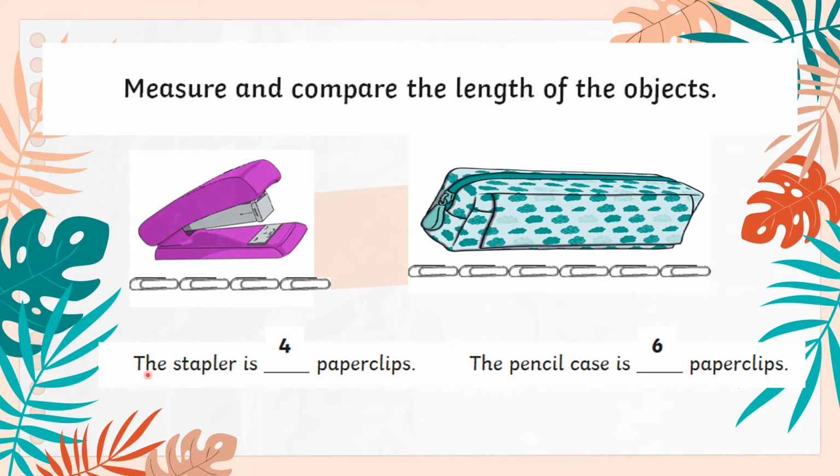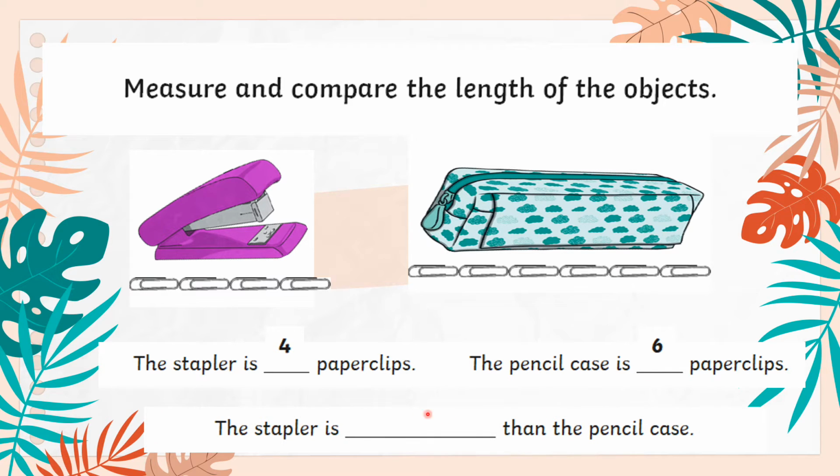So we have the stapler is 4 paper clips. The pencil case is 6 paper clips. So what do we say? The stapler is dash than the pencil case. Now if you remember the words that we have already studied that relate to the topic of length, which word should come here in the blank?